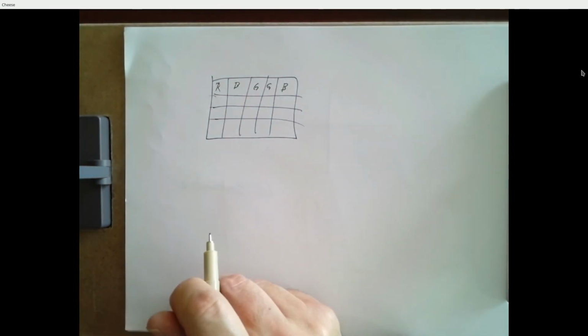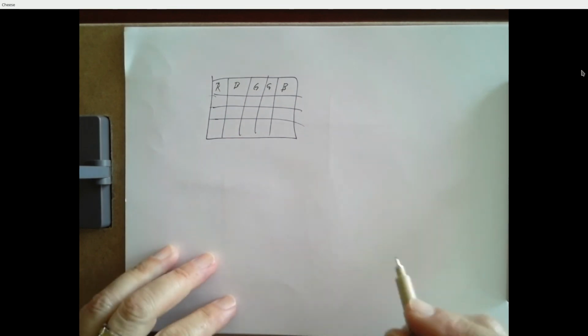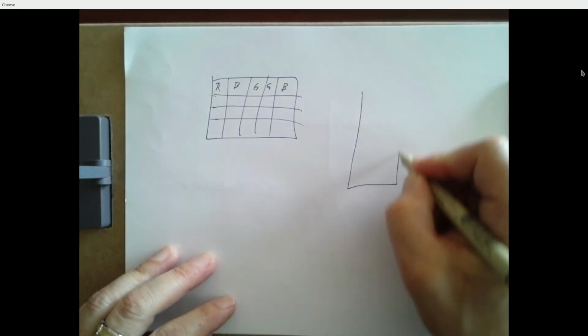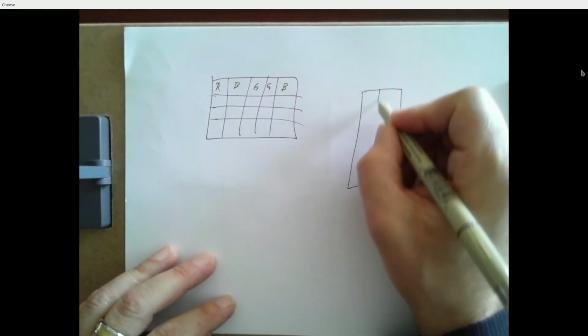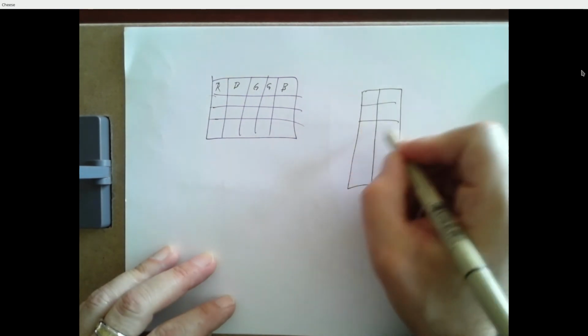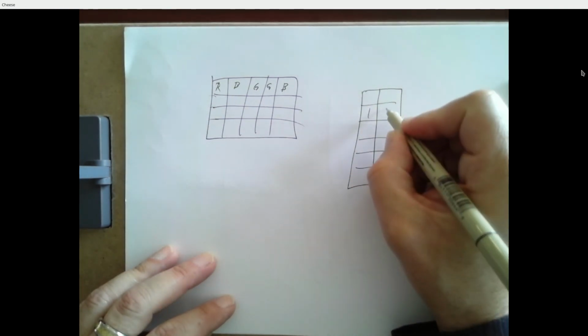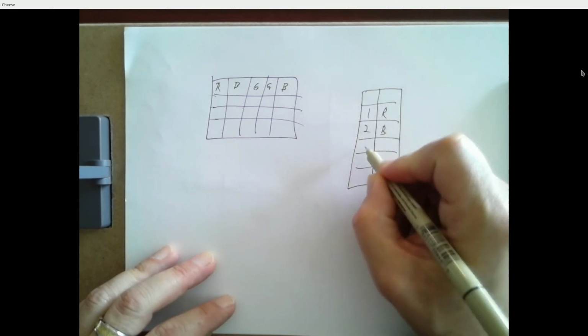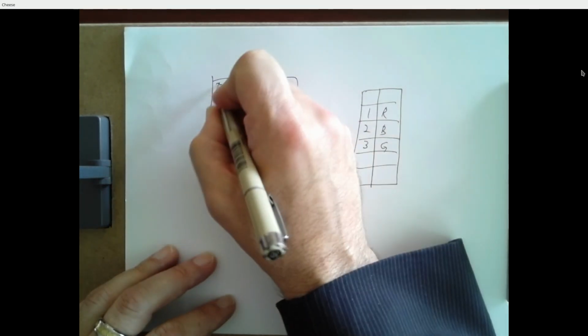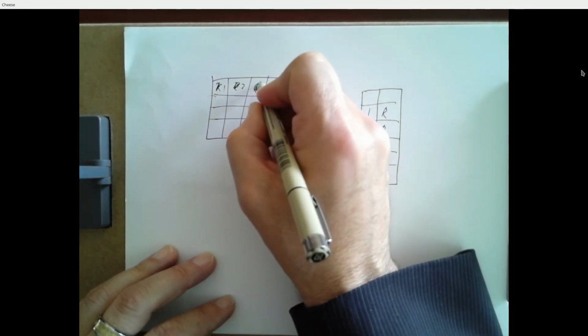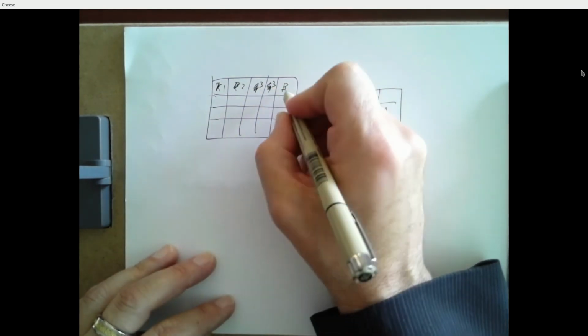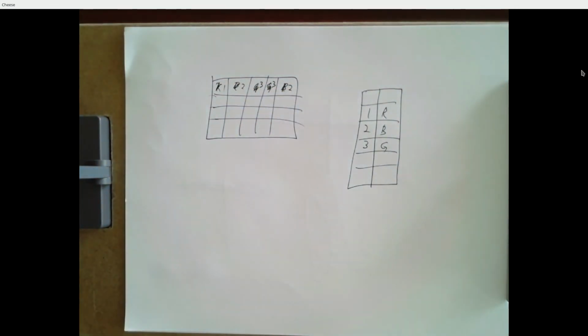But that's not how most systems are set up. In reality, most systems are set up with a color table which says color 1 is red, color 2 is blue, color 3 is green, and this would be a 1, a 2, a 3, a 3, a 2, and so on.